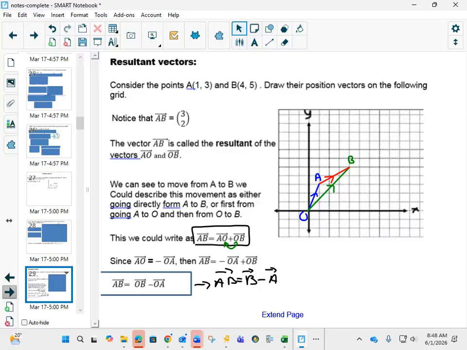And since A to O is the negative of OA, right? Because OA is going in this direction, A to O would be its negative.